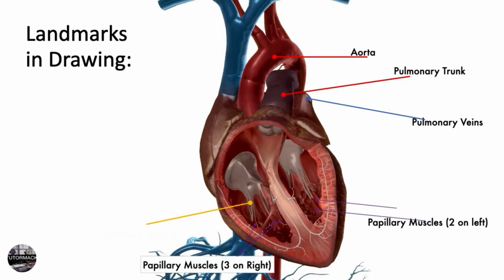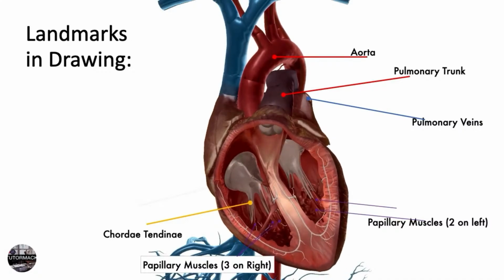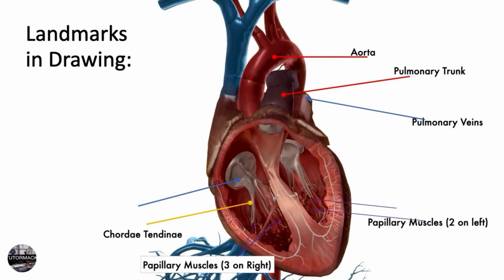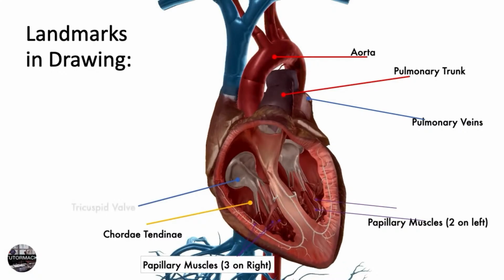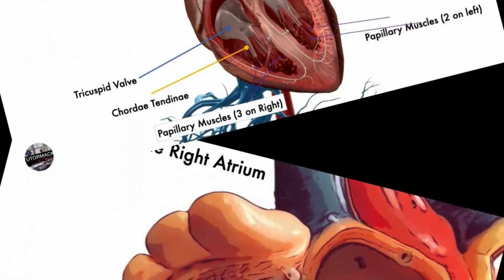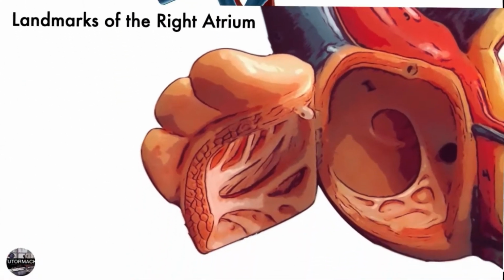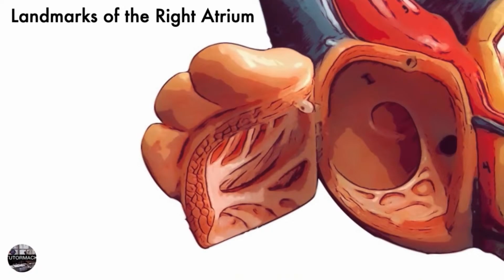How about here? That's right. Chordae tendineae. Right on. How about here? Good. Tricuspid valve. What is this landmark? I'm talking landmarks in the right atrium. That's right. Superior vena cava, SVC.